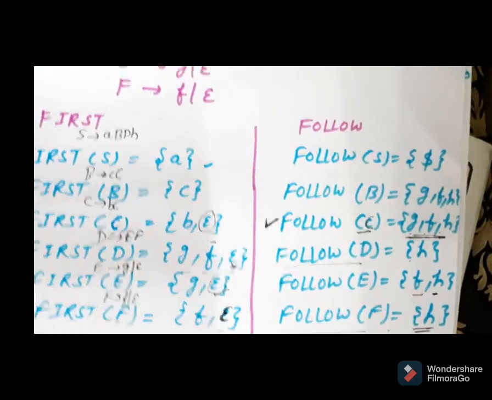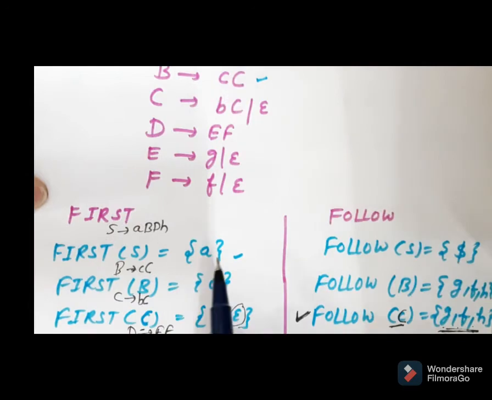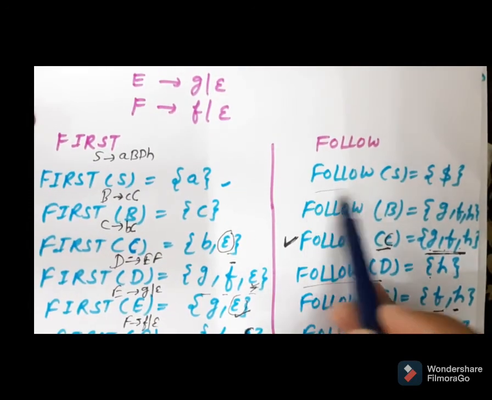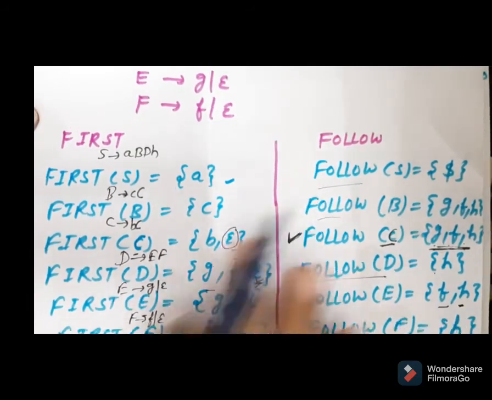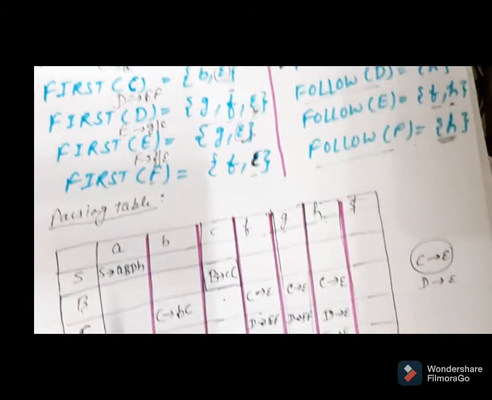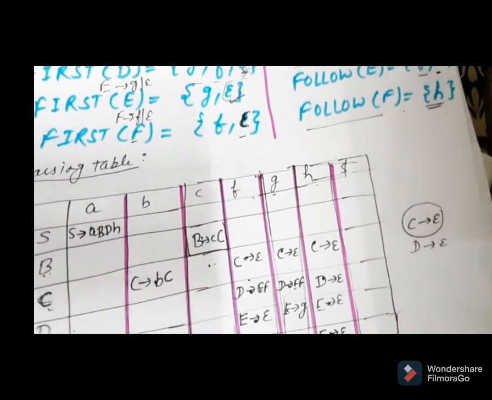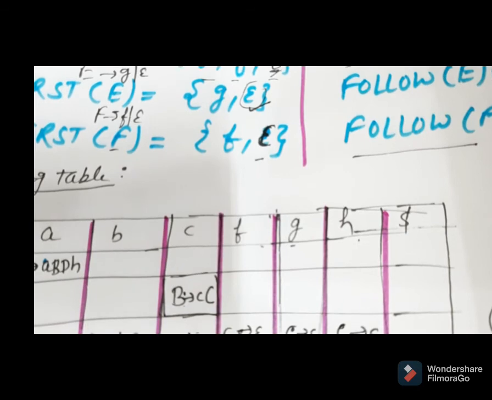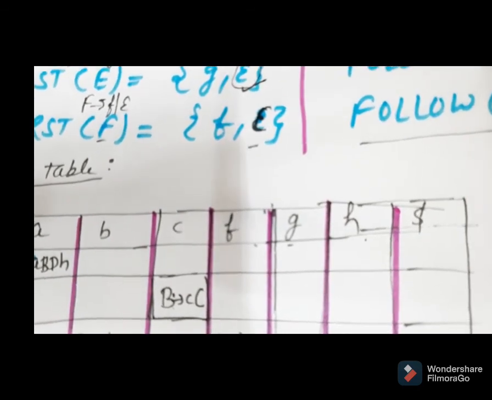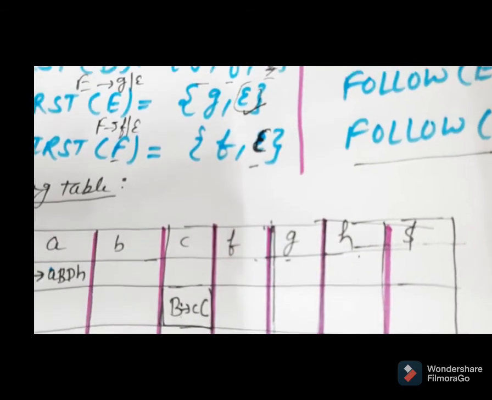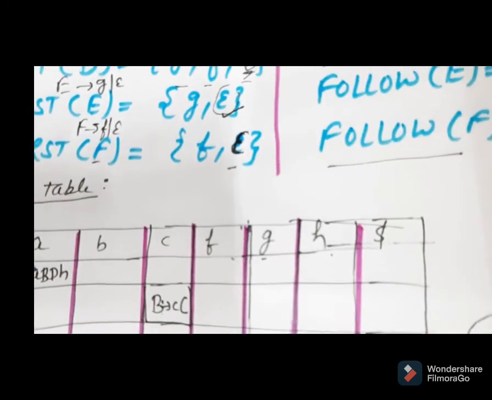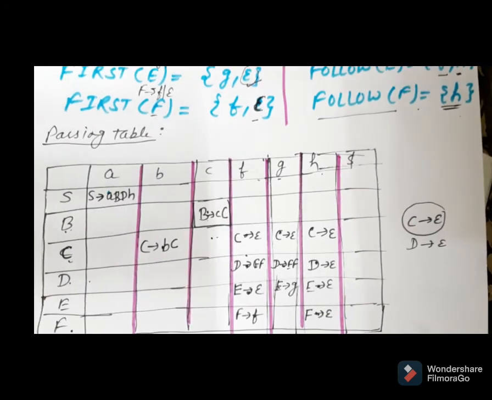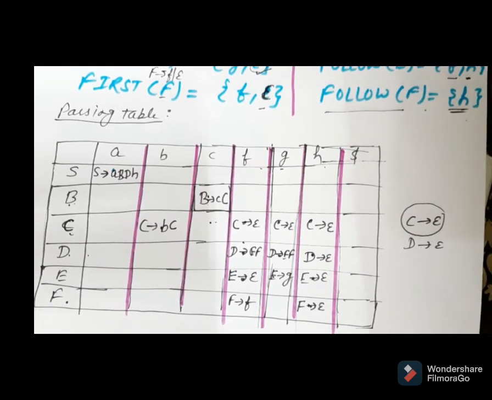So this is the grammar given to us, and first and follow for this grammar, and then the parsing table I filled with the help of the algorithm which I have written step by step. So this is the way of filling the parsing table.